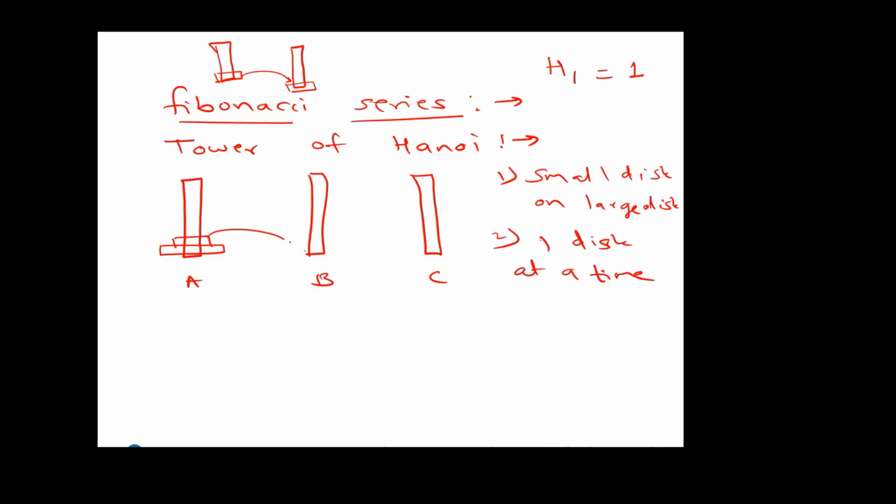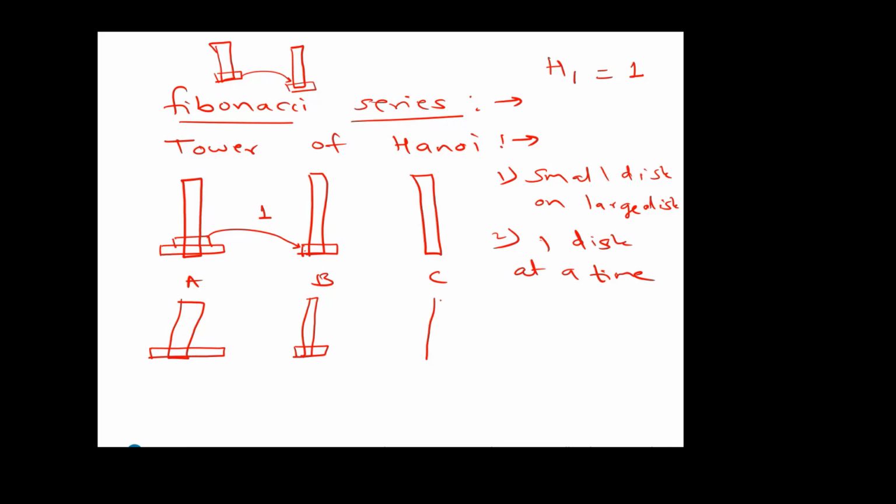Let's say I move the smaller disk to B. Now A only has the bigger disk, and B has the smaller disk, and let's say C is empty. So this is my first move: I'm moving the smallest disk from A to B.